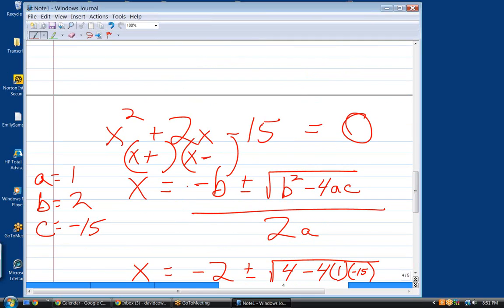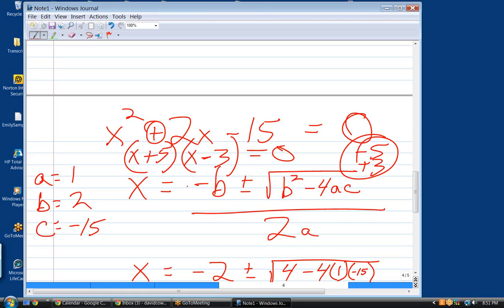We're looking for factors of 15 that subtract to the number 2. That's 5 and 3. I put the biggest one with the plus sign. My two solutions are minus 5 and plus 3, same thing I got when I used the quadratic. So you don't generally use the quadratic on something that you can factor, because factoring is so much faster.